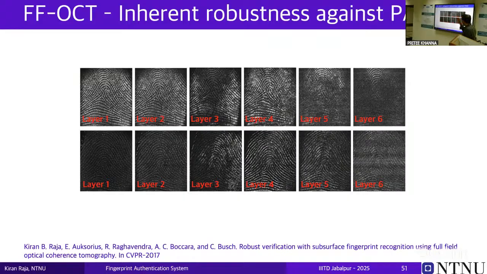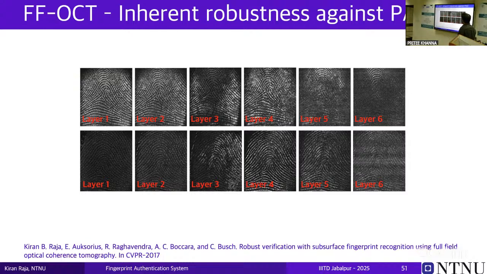As the light diminishes hitting the surface of the fingerprint internally, you see that only a few areas are selected. But the interesting idea here is that if I have a fake fingerprint on top of my finger, this information and this information will be very different. So that makes it inherently stronger against that attack.